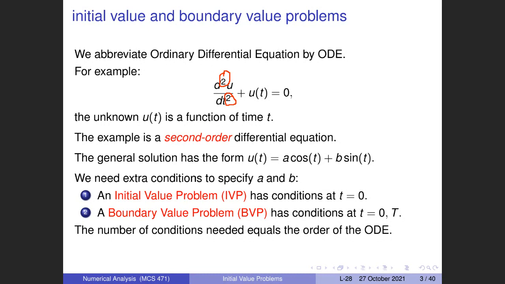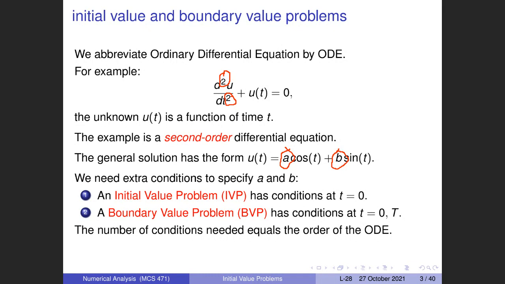This is a textbook example. It's a second order equation, with a general solution. So there are 2 parameters in this general solution. Call them A and B here, and we need extra conditions to fully specify this problem.